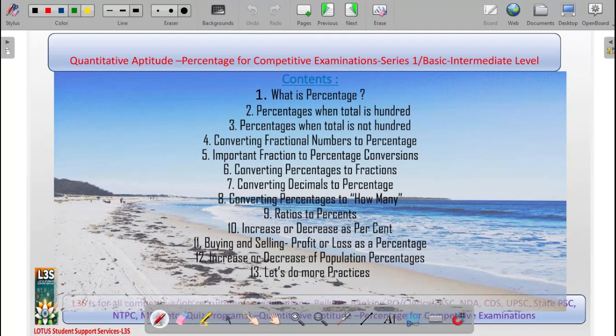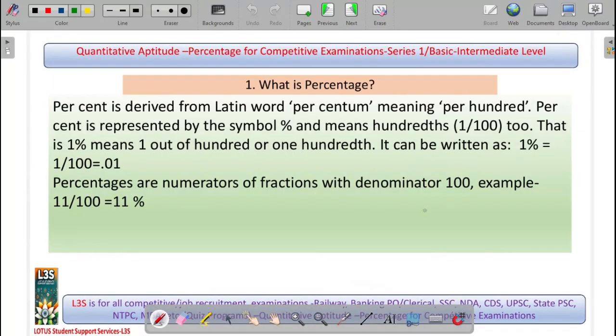So let's start it. First is what is percentage.